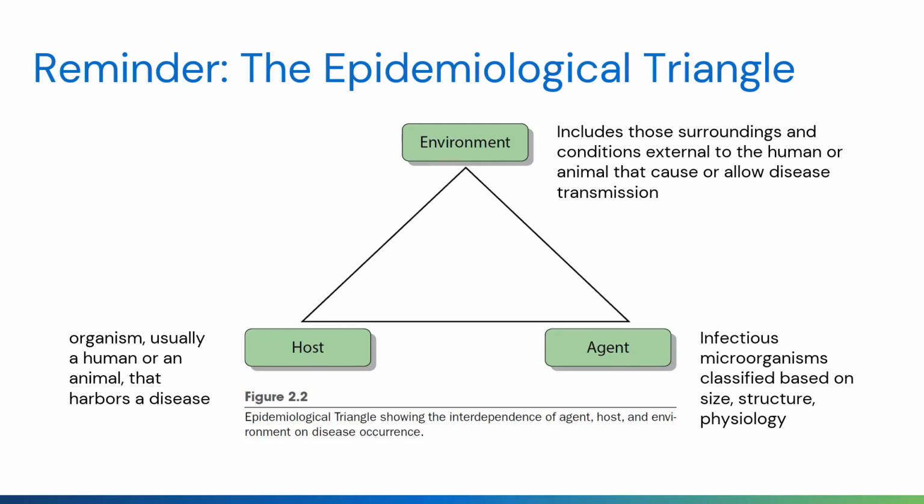And so these things are an interplay. There's a relationship between these three things that helps us understand how disease burdens the world, burdens human beings, animals, and perpetuates in society. So it's really important to understand these concepts and these terms.